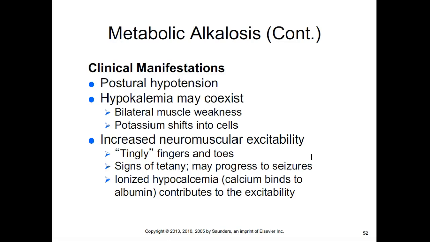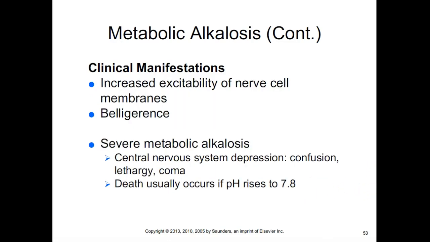You might see signs of tetany, which is a spastic type of paralysis, and it may progress to seizures, and then ionized hypocalcemia, right? Calcium binds to albumin, contributing to the excitability. Some of the clinical manifestations include increased excitability of nerve membranes, so you might see belligerence.